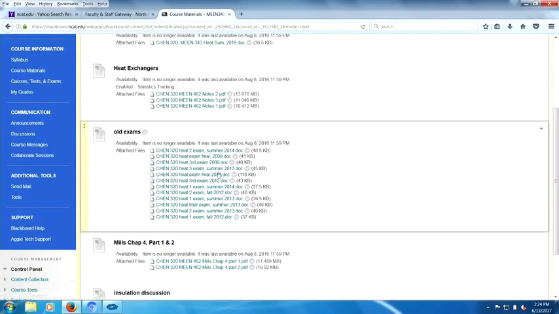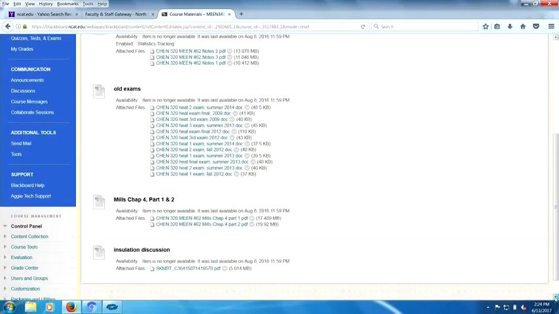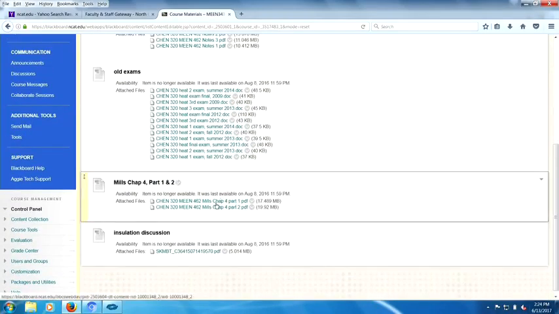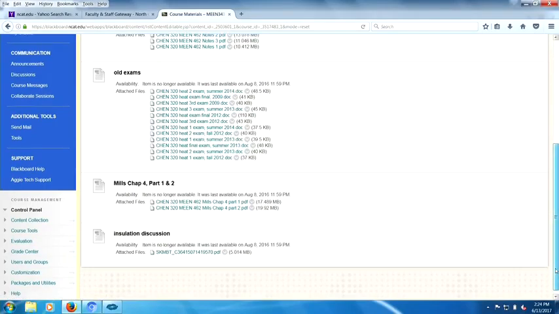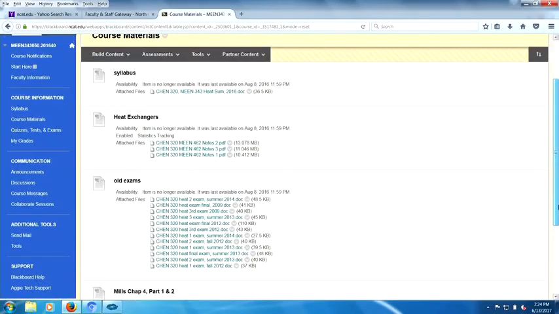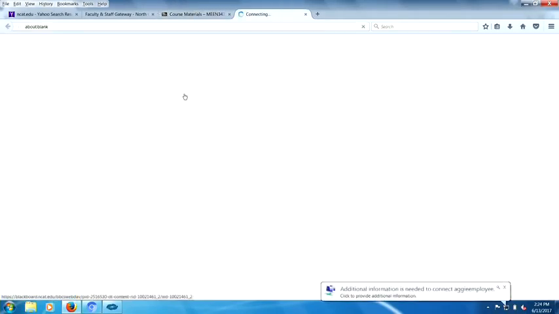One of the best ways of studying a course is looking at old exams. Mills book, we're not going to be using. And this insulation discussion was included just because it may be of interest to you. But anyway, let's take a look and see what we have in the syllabus area.